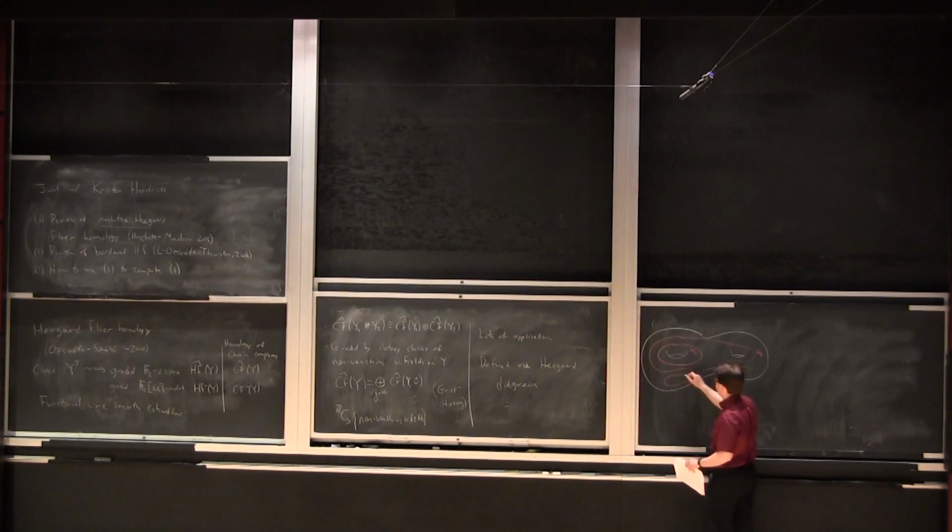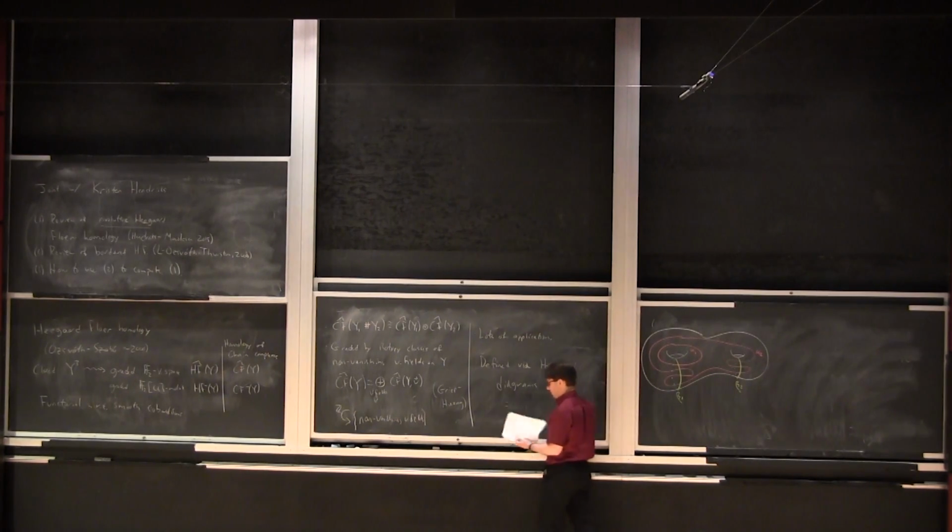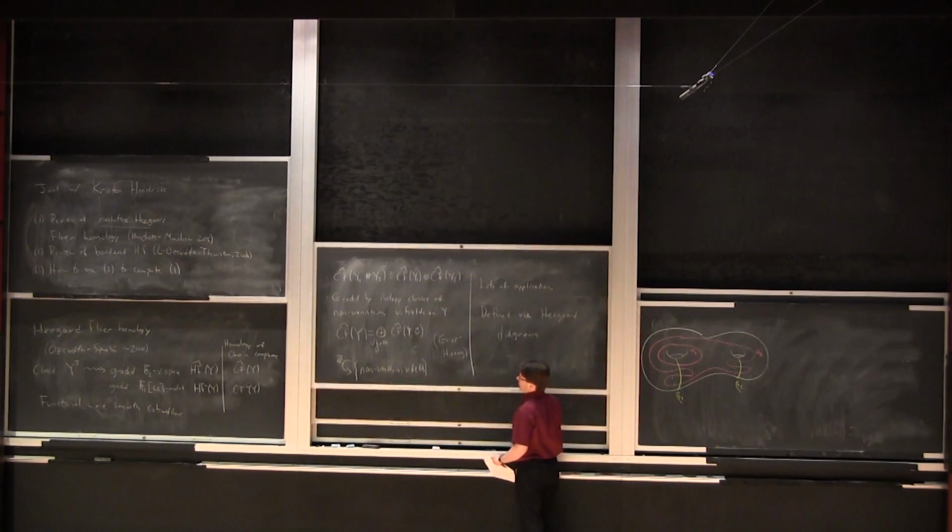I think blue was a little hard to see in the back, so let's go with green. Okay, that's it. So, that was Heegaard Floer homology.